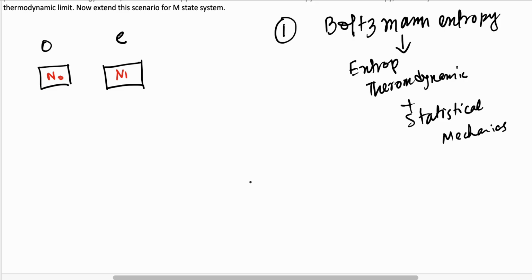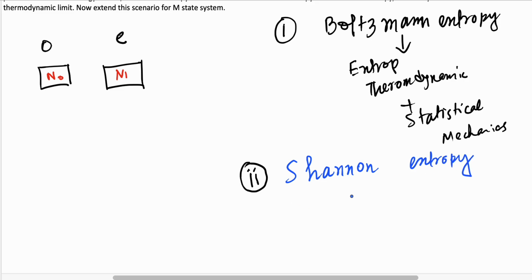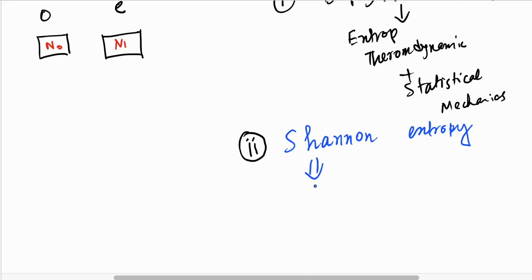Now there is another notion of entropy, which is called Shannon entropy. This is also an entropy which captures the uncertainty in a probabilistic event.